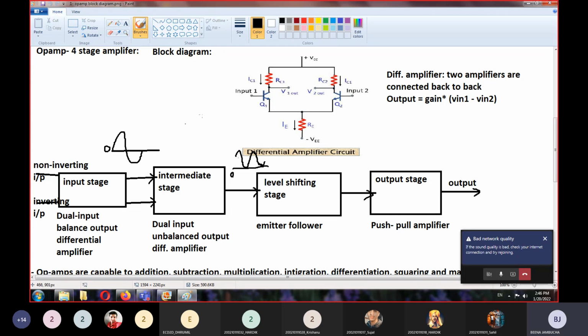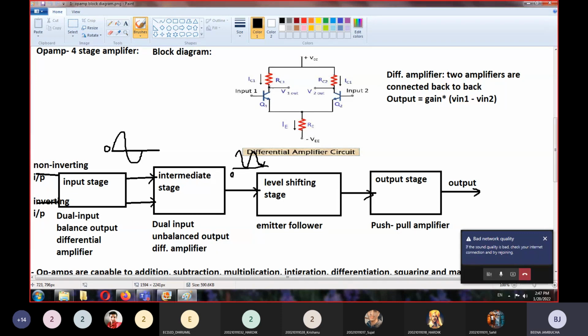If you want to check out what a differential amplifier is, you can see here. This is the diagram of a single differential amplifier in which we use two transistors Q1 and Q2, where two inputs are provided, input 1 and input 2.